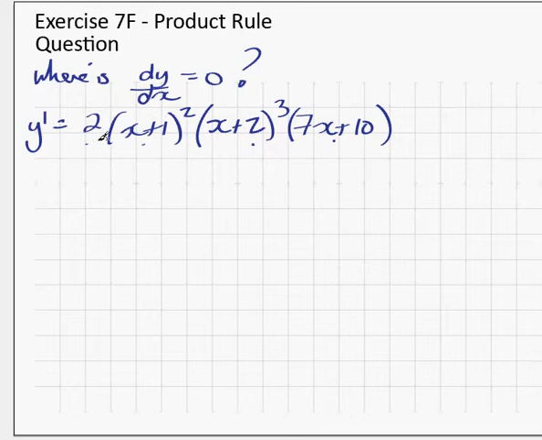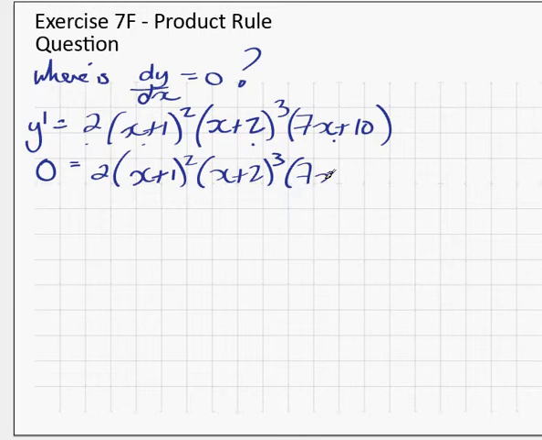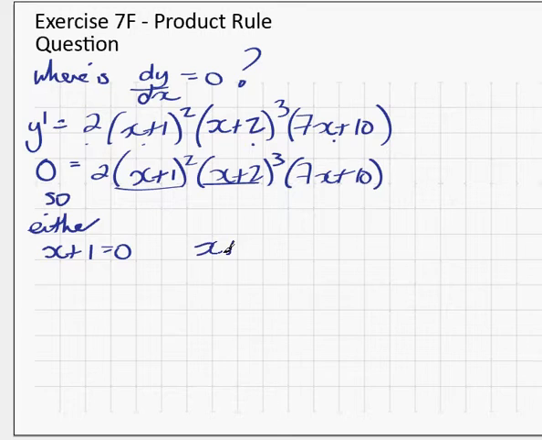If I want to make that equal to 0, then the only way this will be true is if one of these terms is equal to 0, then the whole thing becomes 0. So I've got a couple of options. The first one could be that this term is 0. The second could be that that term is 0, or the third is that the final term is 0.